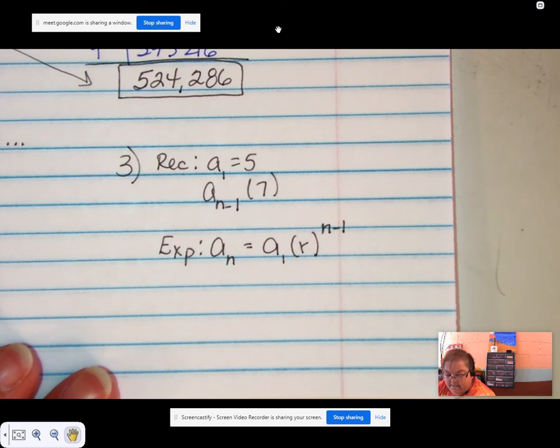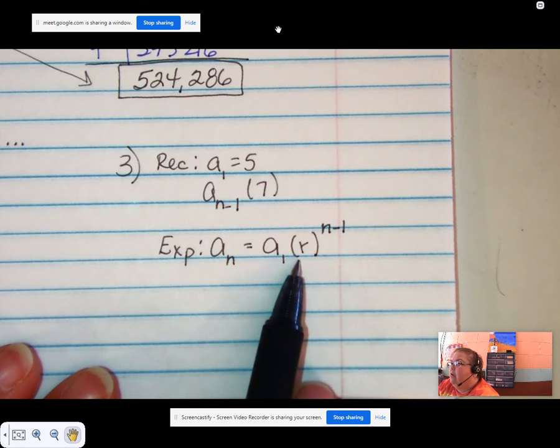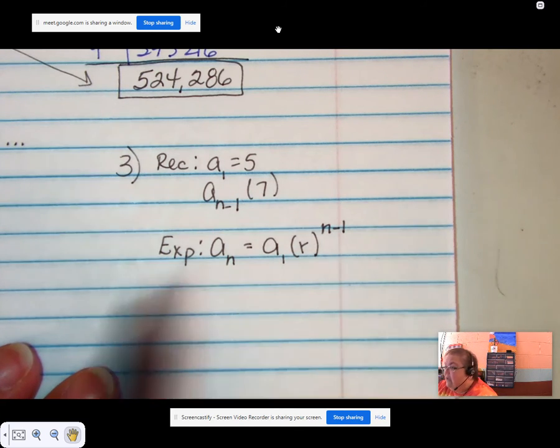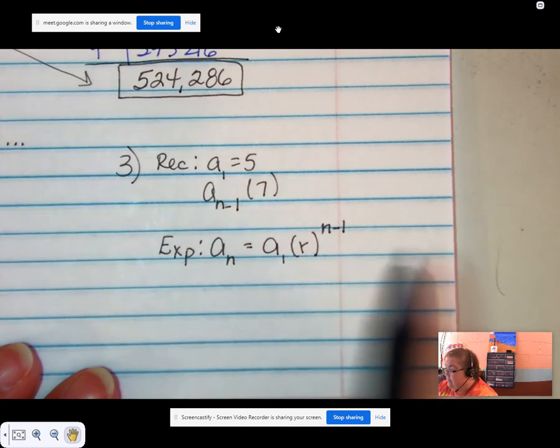Okay? It says geometric, so I know I need the little r and not the d. Okay? So now I'm just going to take that information and substitute it in.